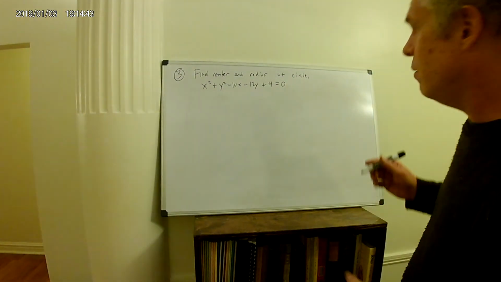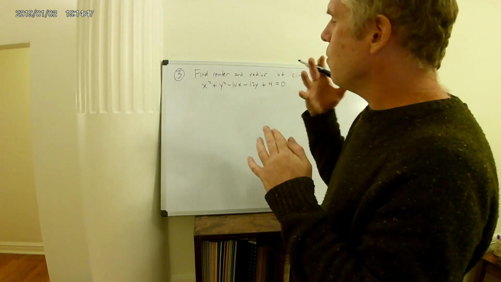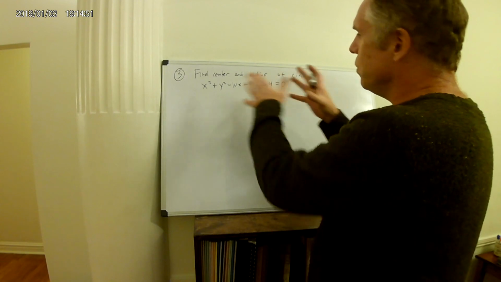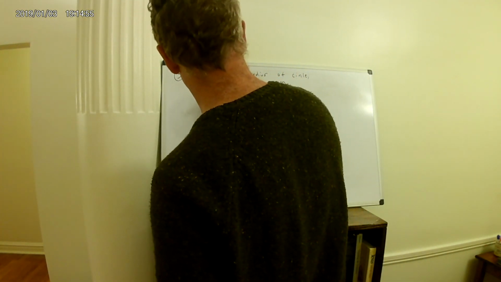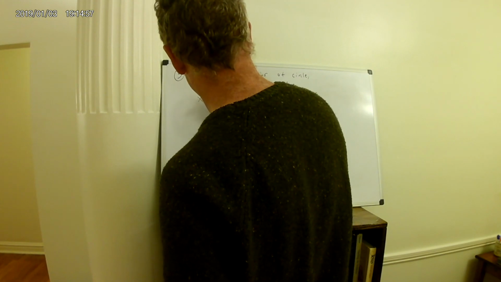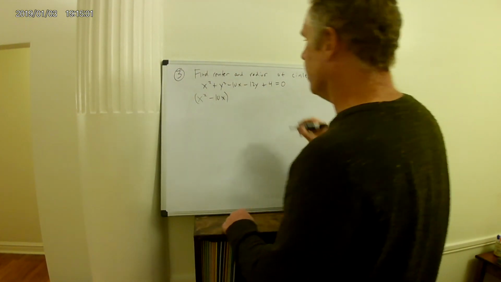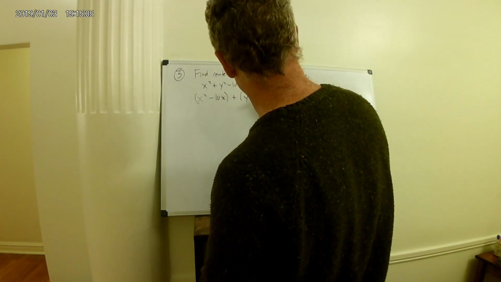The steps involved here go backwards from what we just did in the previous example. I'm going to reorder things a bit, and rewrite this equation as x squared minus 10x plus y squared minus 12y.